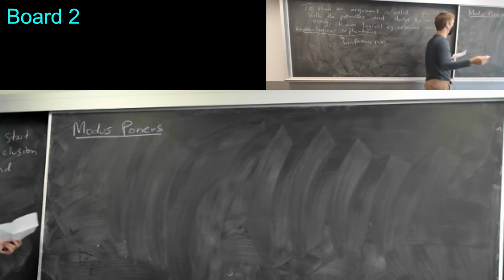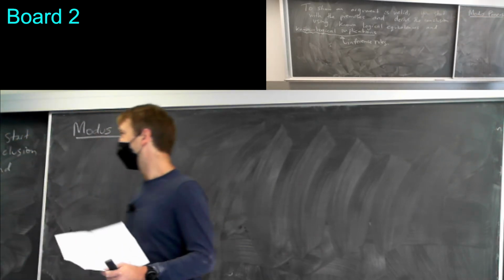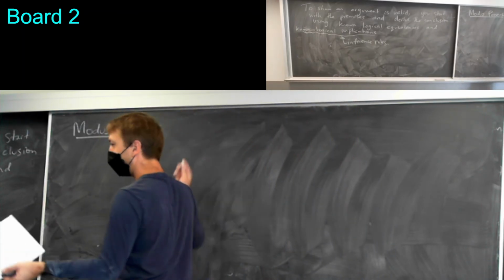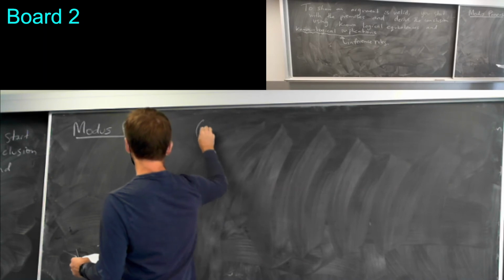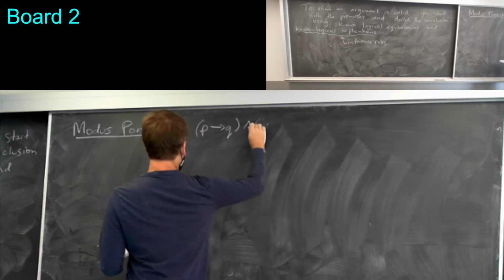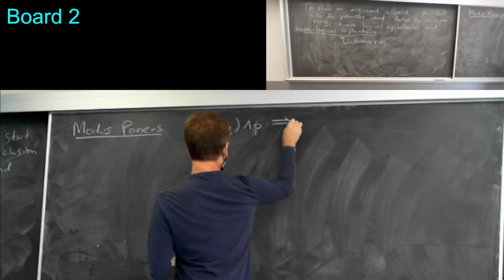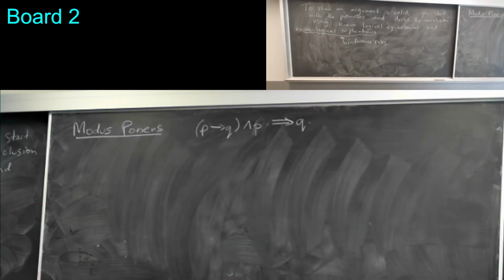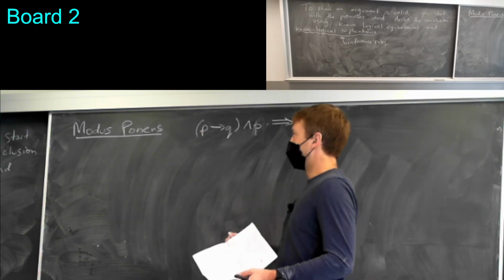Believe it or not, I don't know what that means. It's something in Latin, but it says, and it's kind of straightforward, I think, that P implies Q, and P logically implies Q. Because if you know that P is true, and you know that P implies Q, then by definition of implication, Q is true.